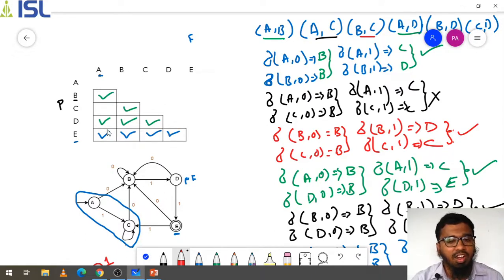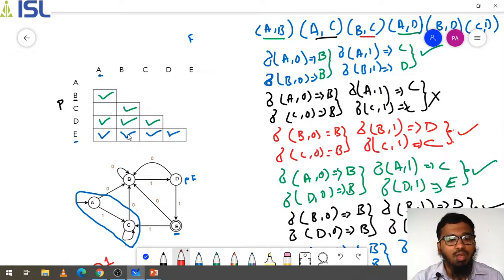So what is the condition? Why do we have a tick mark at AE? Because E is a final state and A is a non-final state. Both are different. This is a normal state and this is a final state. Because of that we mark the tick.